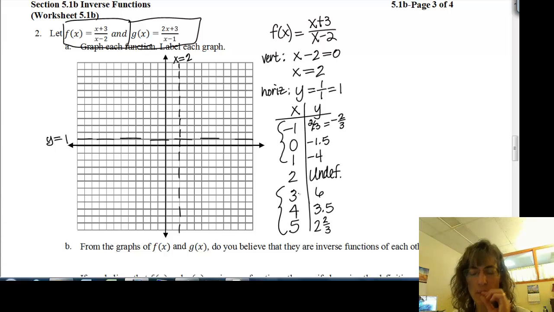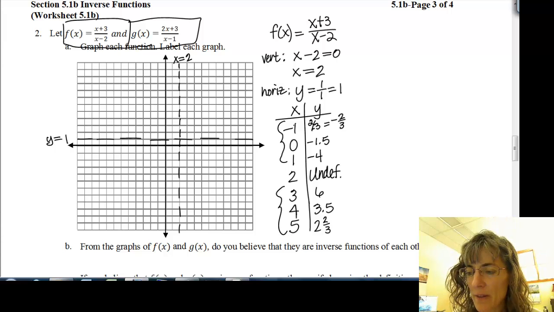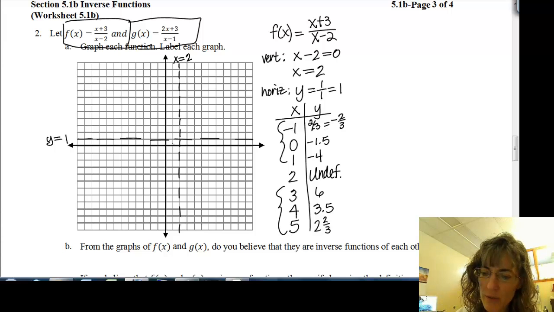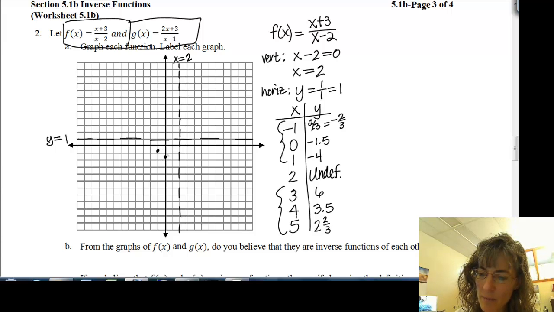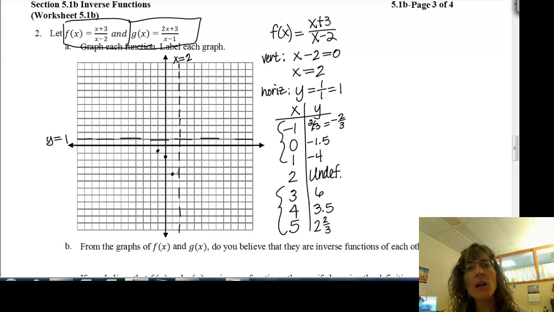Remember, I have two pieces, one on either side of my asymptote. So on the left-hand piece, I have negative 1, negative 2/3. So negative 1, negative 2/3. And then I have 0, negative 1.5, and 1, negative 4. Okay, now remember the shape.